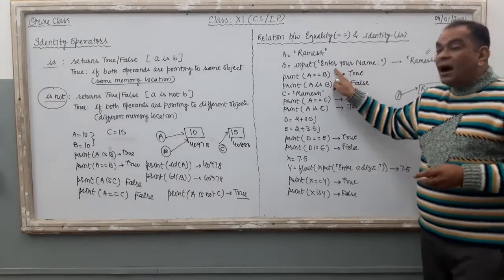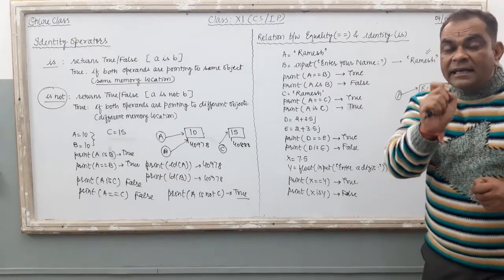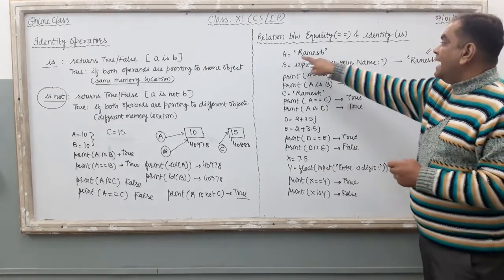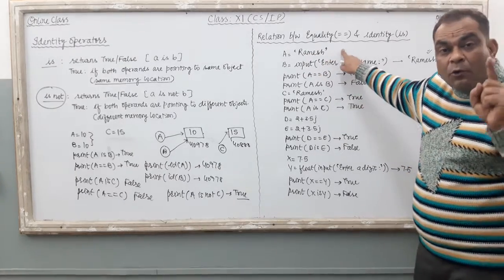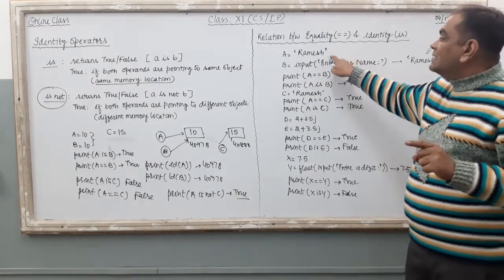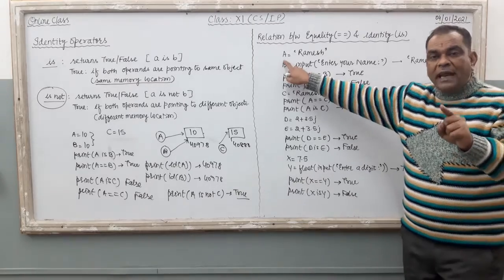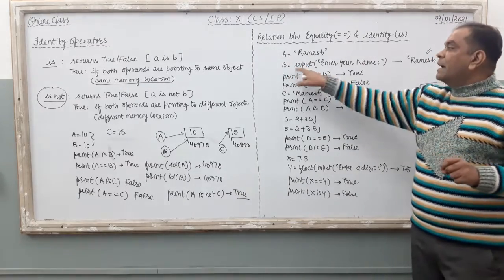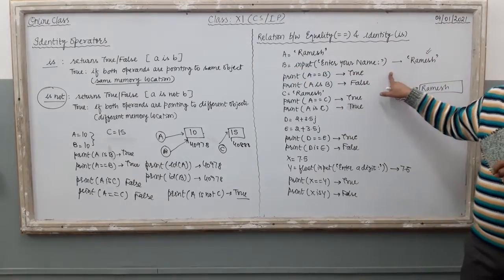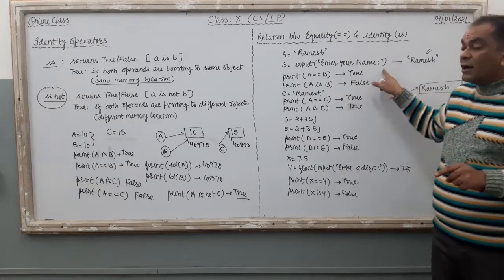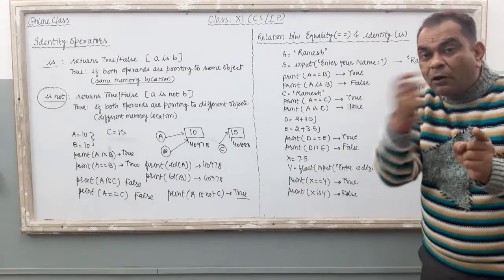If you are going to take the string from the user, just see, A equal to Ramesh is the programmer's input. The programmer is going to give the value of variable A as Ramesh. Now B equal to input, enter your name. It means the computer is going to take the input from the user.